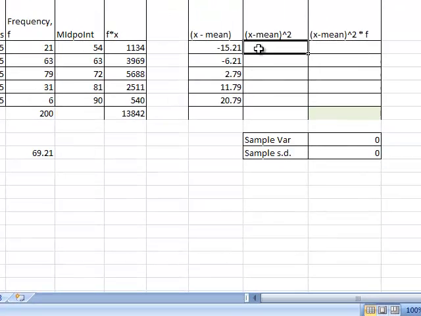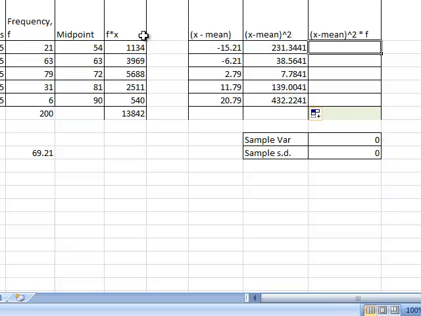So we find the square difference from the mean. We're going to square the previous, raise that to the second power, and we want to do that for all the classes, all the groups. Okay, and then we want to multiply by f because it's weighted.